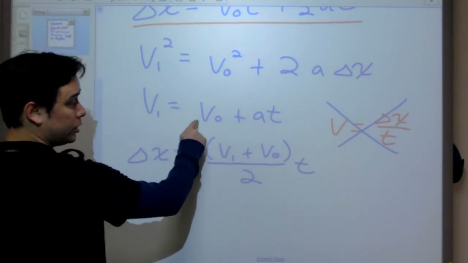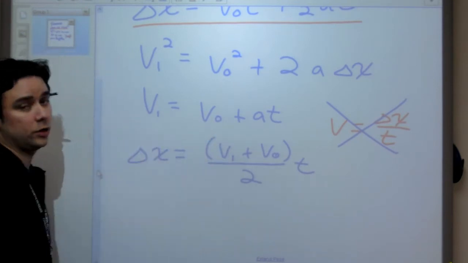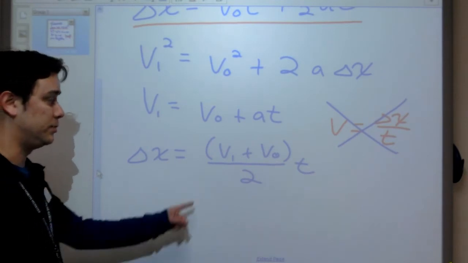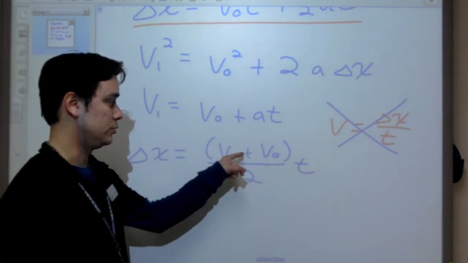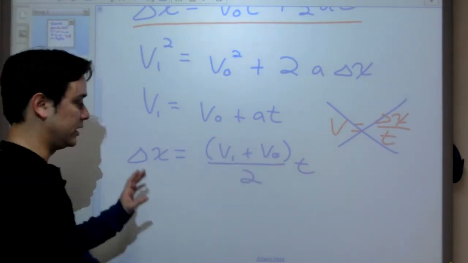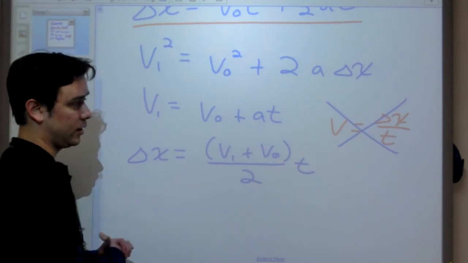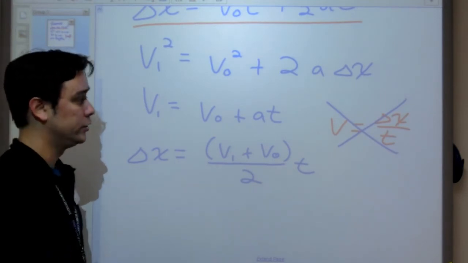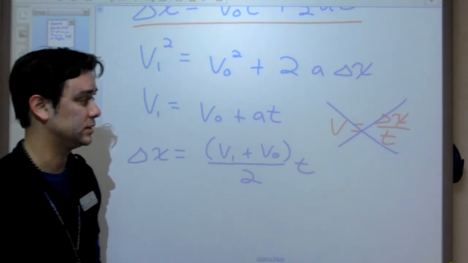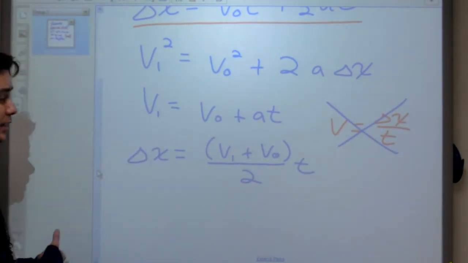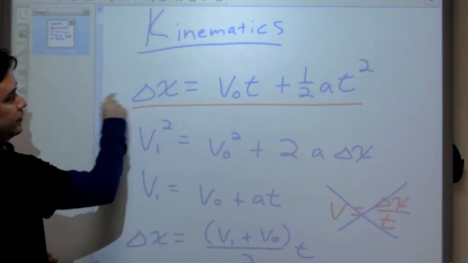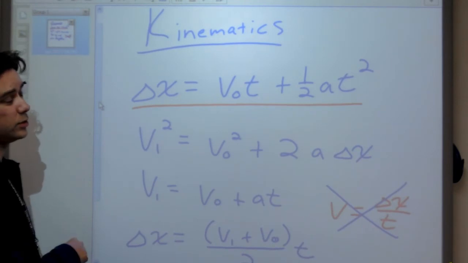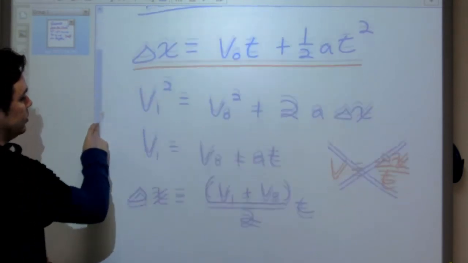It will be neither your initial velocity, nor will it be your final velocity. It'll usually be the average of those two, so we add them together and we divide it by 2. We can see this equation is one of our kinematic ones, and it's much more reliable. So be very careful relying on this. You can use that if you've got zero acceleration, but if you remember this equation like I recommended for you to do, then you've already got that down.